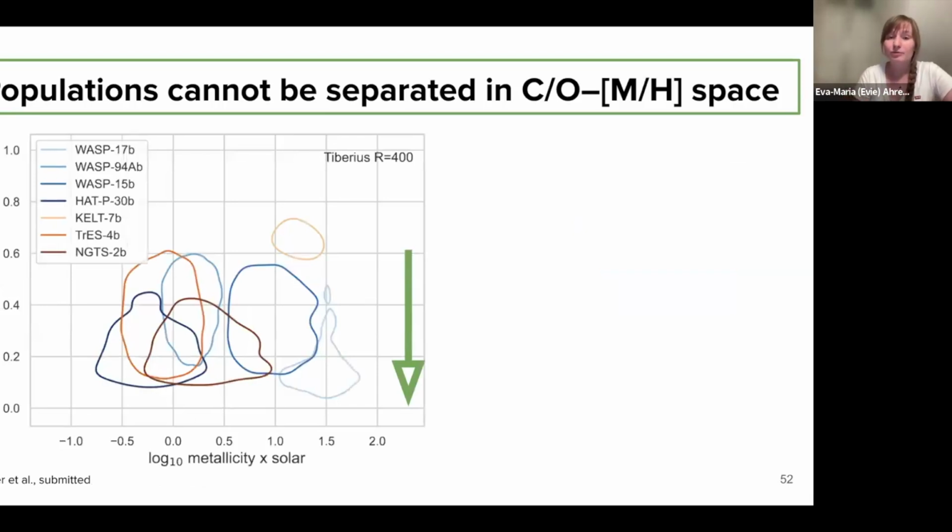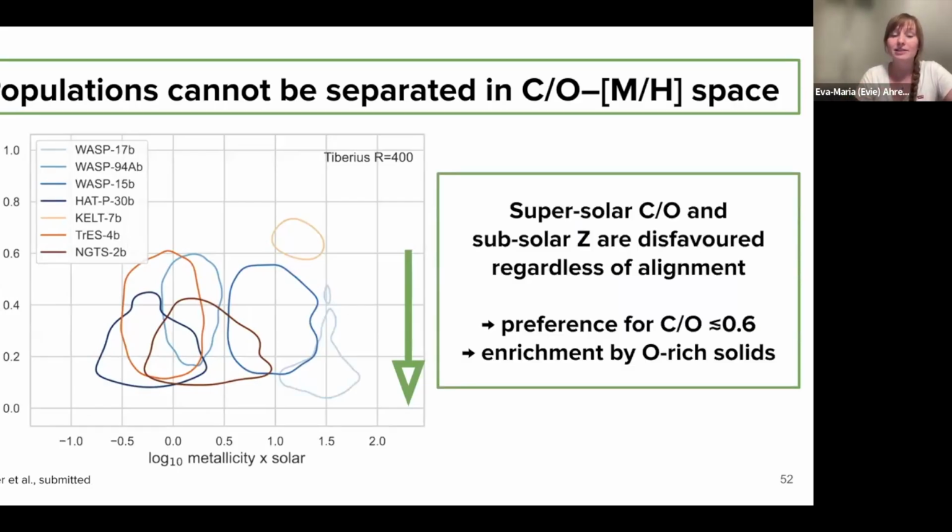But one thing that we do find, and James is going to come back to this later as well, is that all of these, except for KELT-7, which as we know has issues, have an essentially sub-solar C/O ratio. They are basically all 0.6 or lower in their retrieved C/O ratios.